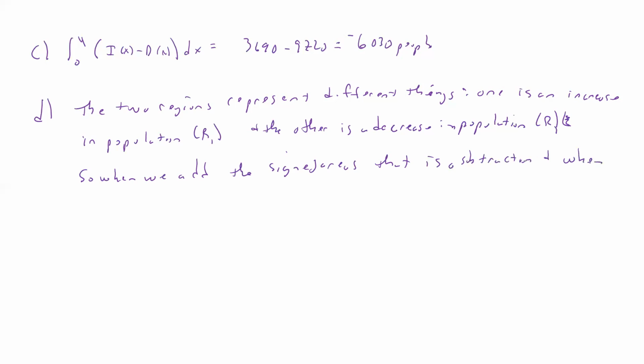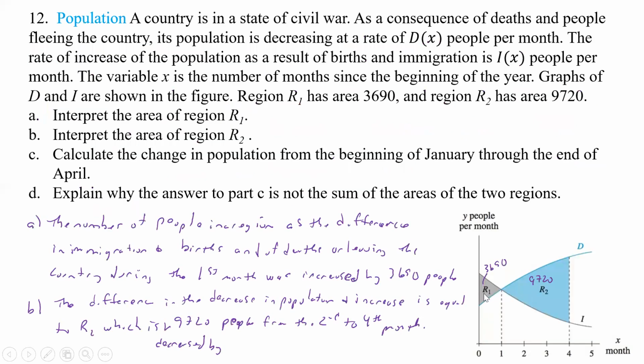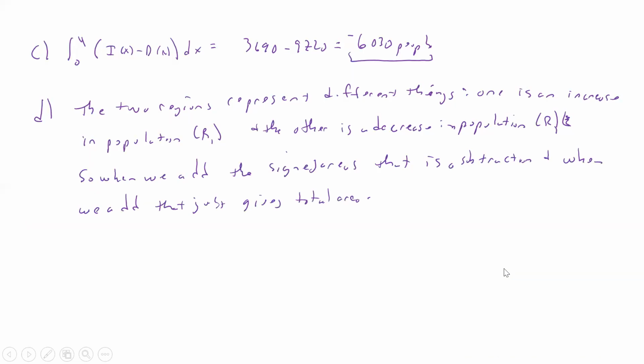And when we add, that just gives total area. Okay, so the signed area gives us the actual difference. The total area is basically all the area that's shaded together. Okay, so that's kind of the difference there. All right, so let's pause there and then we'll come back for more.